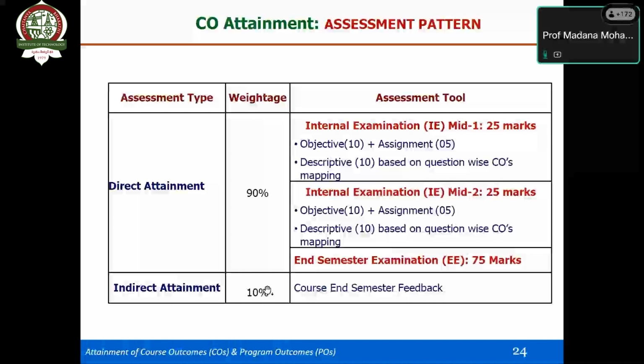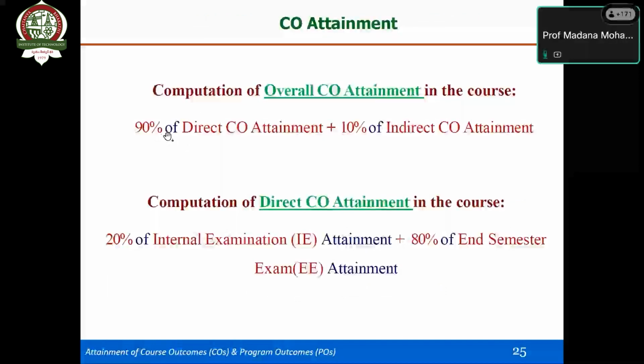Then the overall attainment of the particular course is 90% plus 10% taken together. So 90% of direct CO attainment plus 10% of indirect CO attainment. This is the overall formula for computing CO attainment of a particular course.